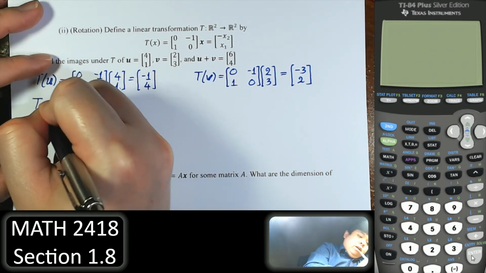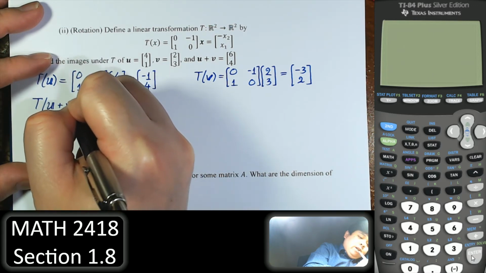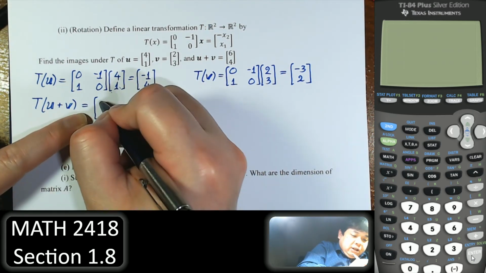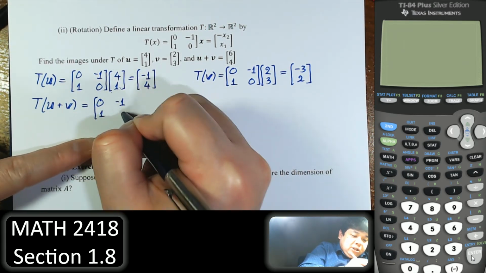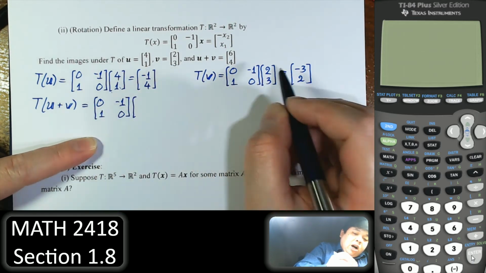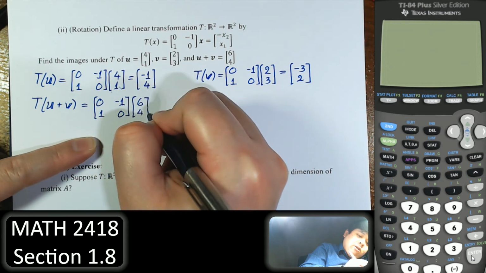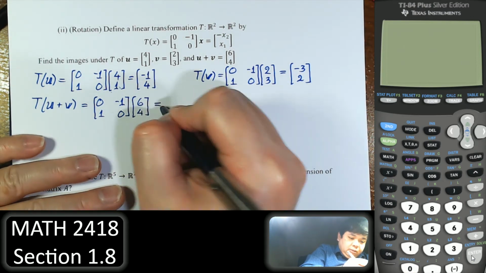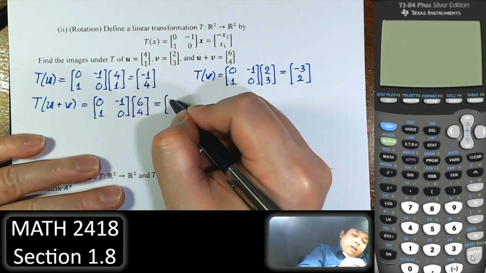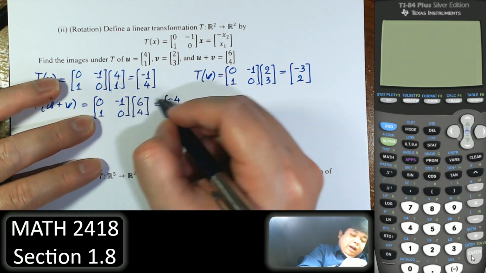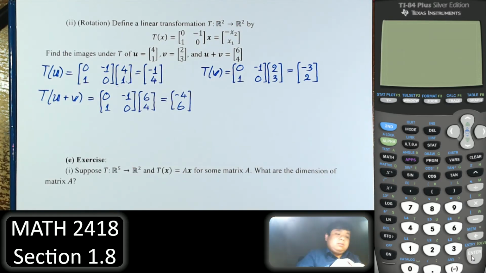Now the image corresponding to u plus v will be the matrix times u plus v, which is 6 and 4. Which gives us -4 and 6. Right. That is all.